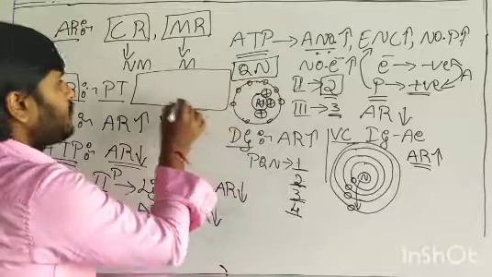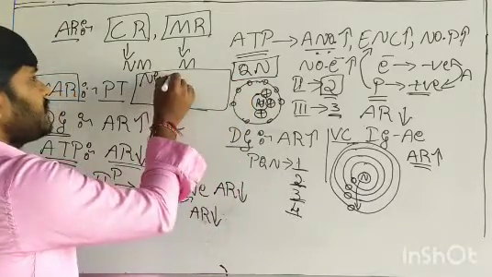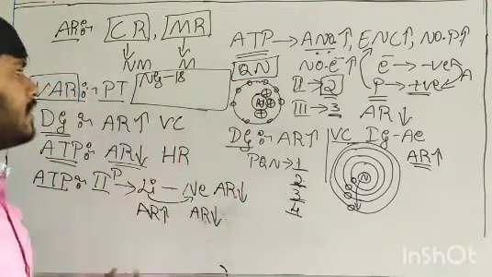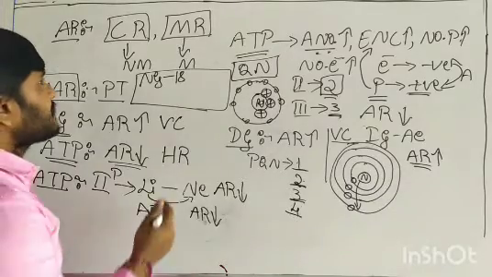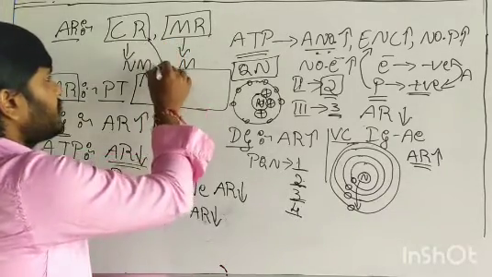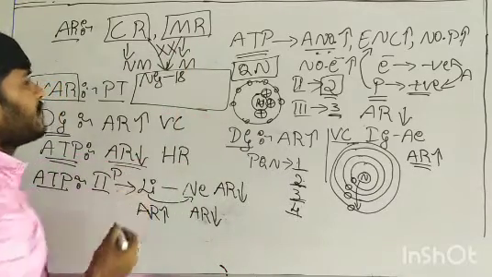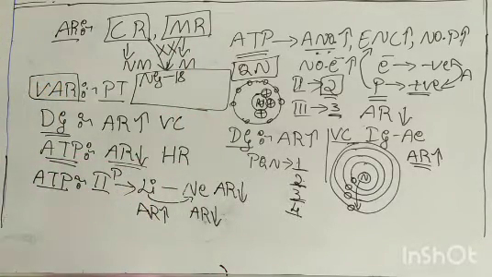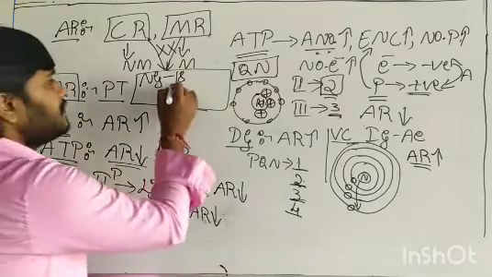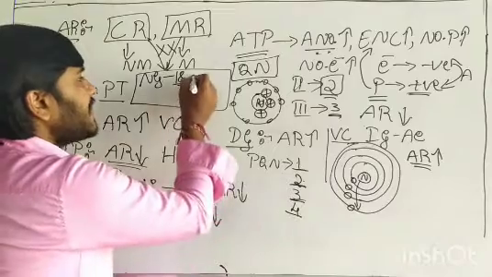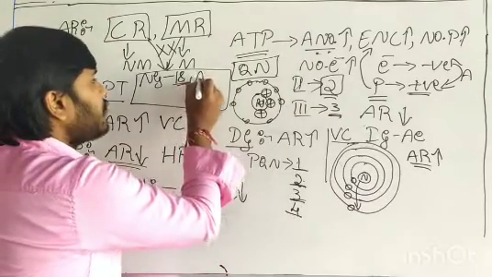One more thing I want to explain to you guys is noble gases. In group number 18 we have the noble gases. We won't consider covalent radius as well as metallic radius for noble gases, because these elements exist as monoatoms.